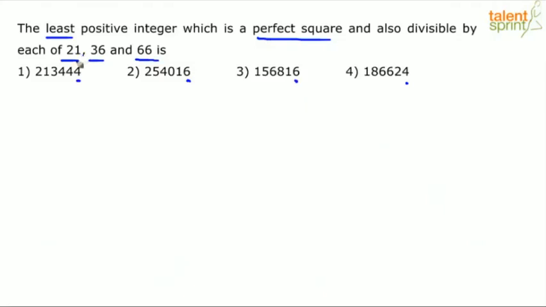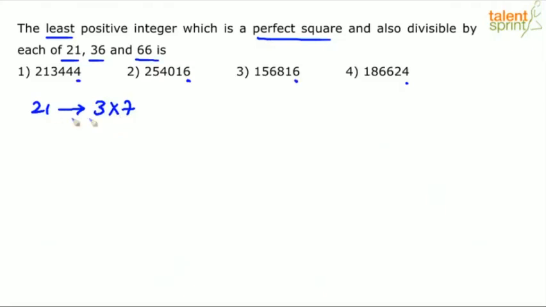What we should do now is go by the divisibility rules. If you look at 21, you know that 21 has to be factorized. 21 can be factorized in a number of ways: 1 into 21, 3 into 7, 7 into 3 and so on. But here 3 into 7 is the right factorization. We have discussed this in the number theory video about the divisibility rules for numbers.